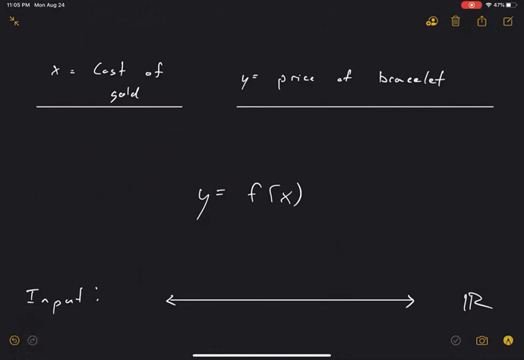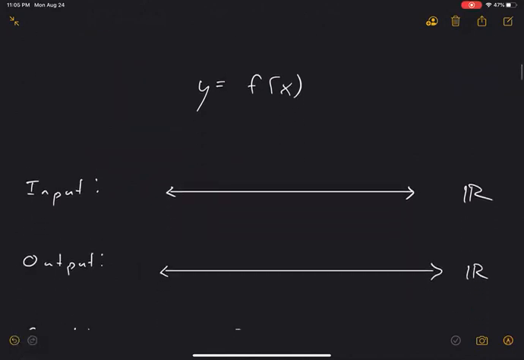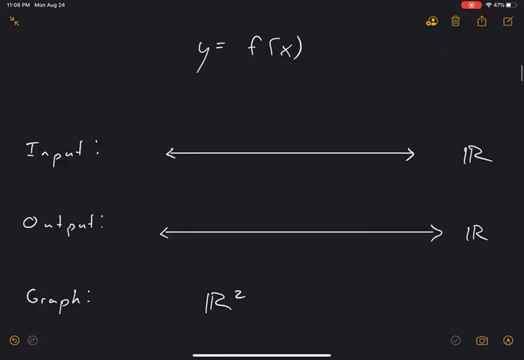Okay, so what are we dealing with here? What's my input? Well, my input would be just some number, the market price of gold, which is just some real number. So that's somewhere on the number line, right? And just a little side note, we need to get used to this notation here.